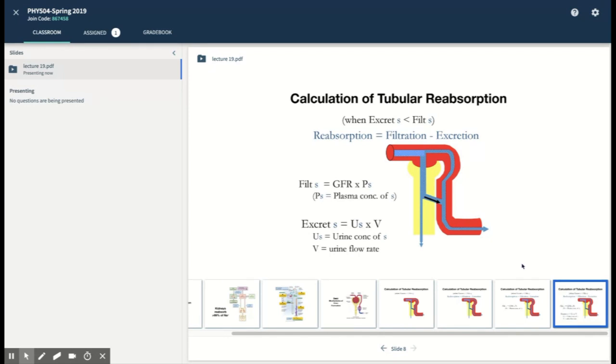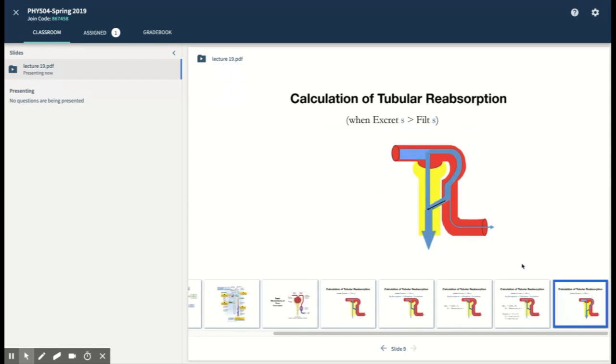No, because if you have net secretion, you're actually going to have more that you're excreting than you are filtering. Even if some of that is being reabsorbed, if more of it's being secreted, then you're going to see a difference in the relation here. Your filtration is going to be less than your excreting amount. So this is only telling you about the net movement, not total movement on a molecular level at each point.